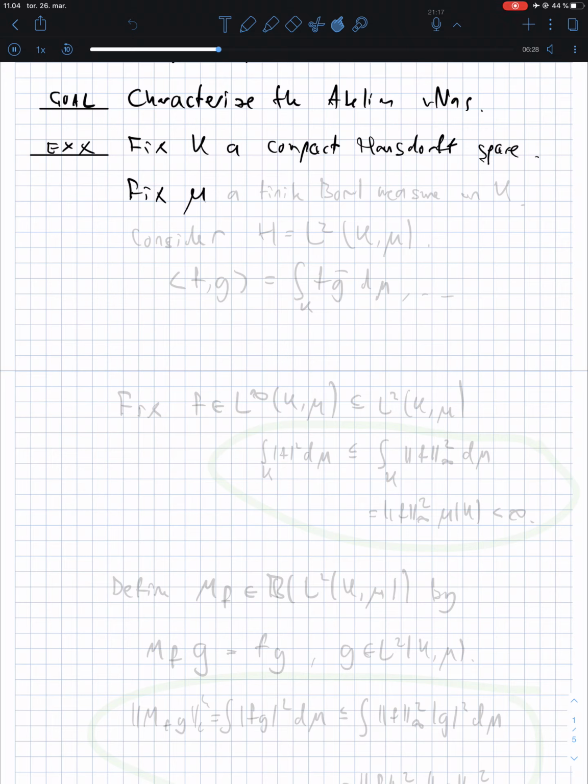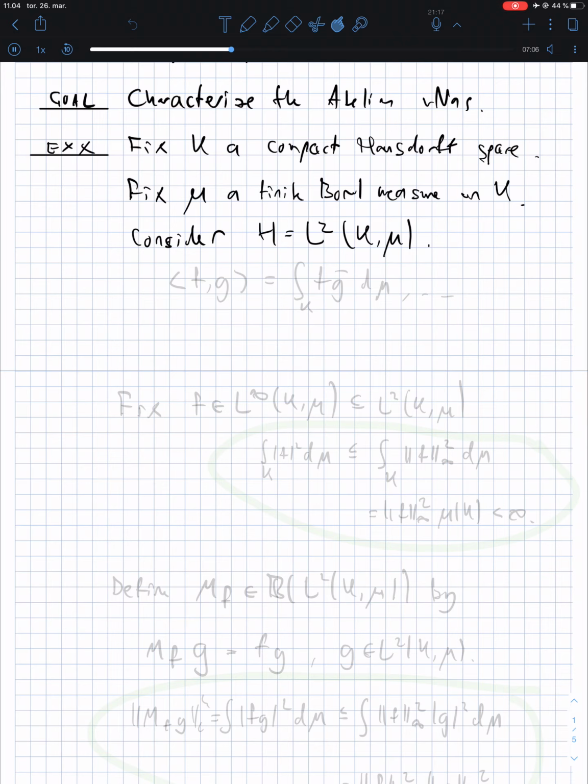And I will fix mu, a finite Borel measure on K. And then I will consider the Hilbert space consisting of the L2 functions on K relative to mu.